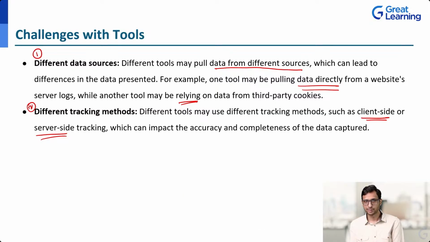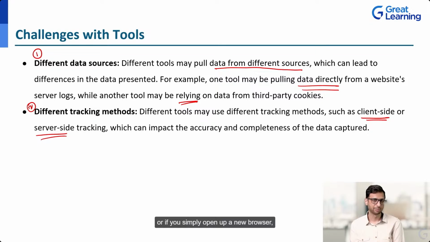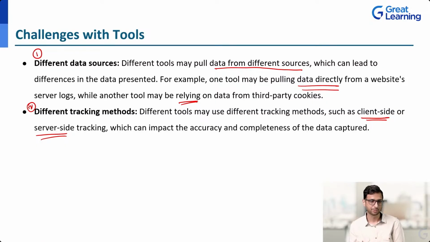Typically, client-side metrics are less in control of the marketer, because if you delete a cookie or if you simply open up a new browser or access the same website through different browsers, that is much more difficult to control. And this different tracking might have an impact on whether you count the user as a unique or a returning user based on the different tracking that was used.